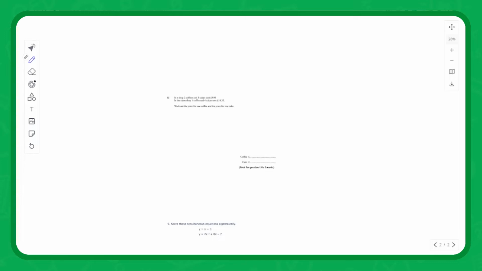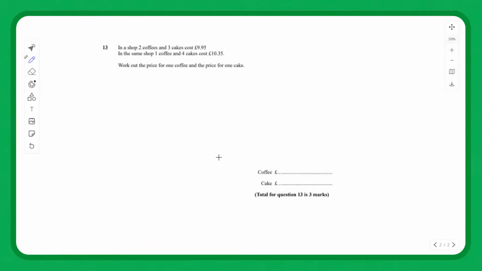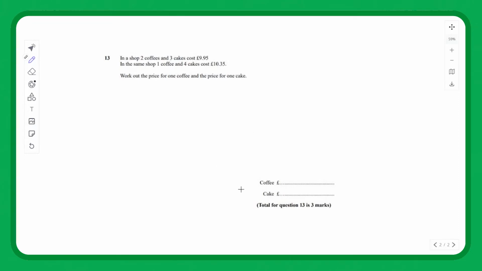Let's do a quick example question. So let's focus on 13 for now. This is going to be deriving simultaneous equations from the text. We've got a shop selling 2 coffees and 3 cakes. If we were to write this in an equation, I've got 2 coffees, which I'm going to call C, and 3 cakes.